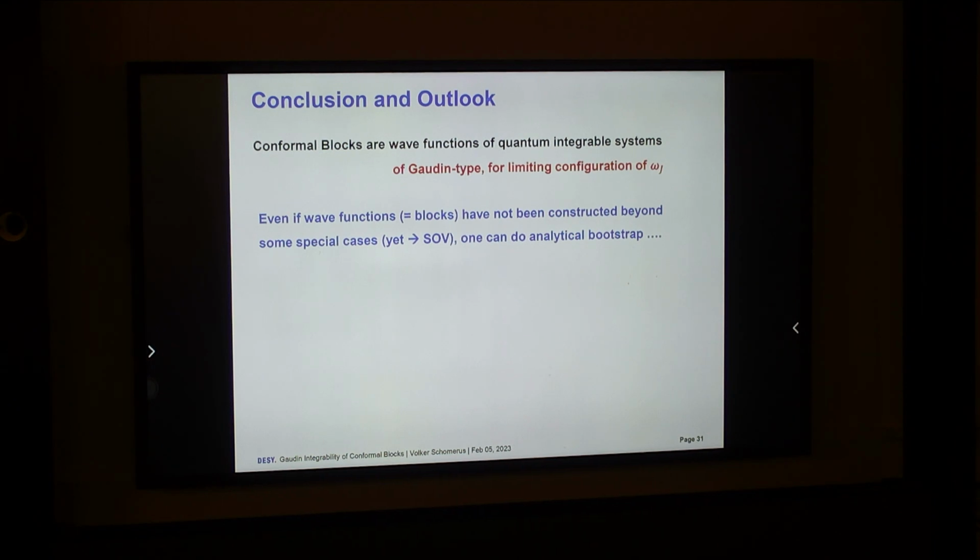And as you will see in the next talk, that doesn't stop you from doing bootstrap at this stage from these insights. As you will see, you only need very special features of these blocks and special limits for the way you want to analyze bootstrap equations. So that's an outlook to Jeremy's talk.